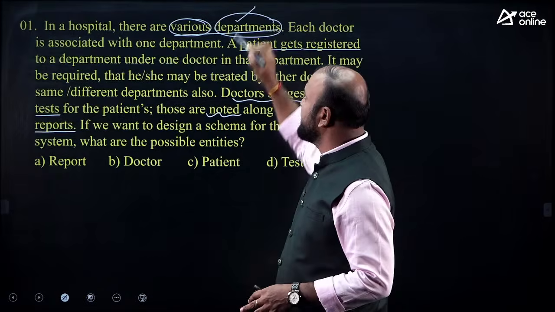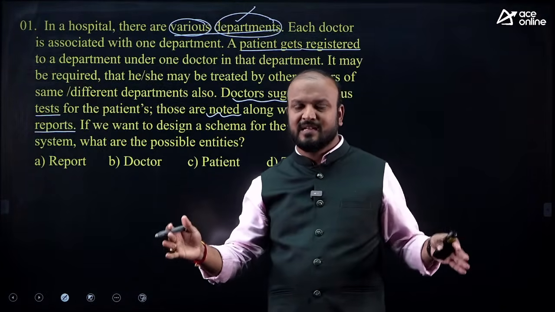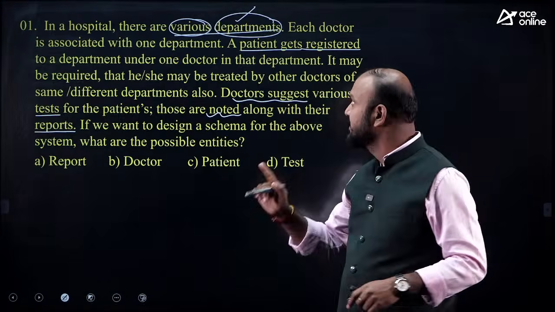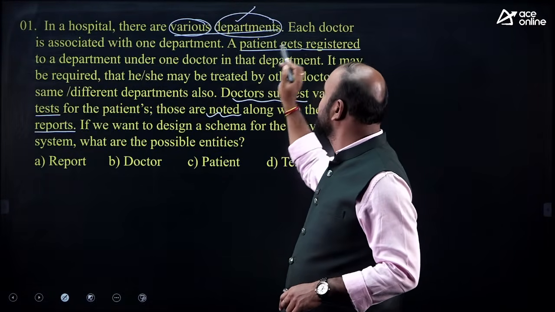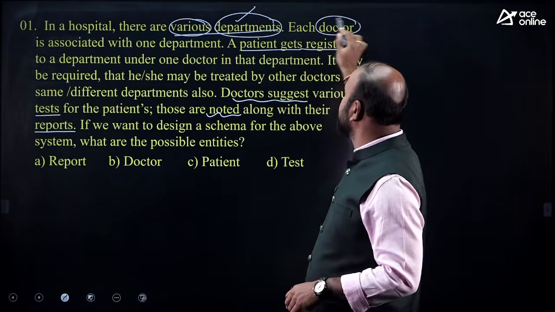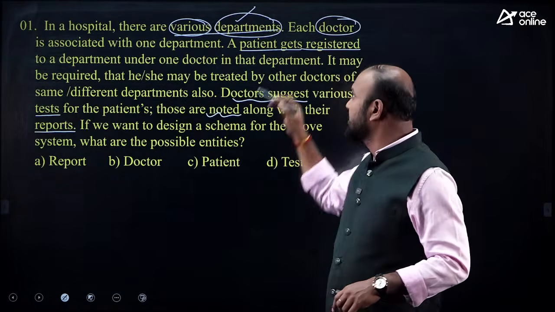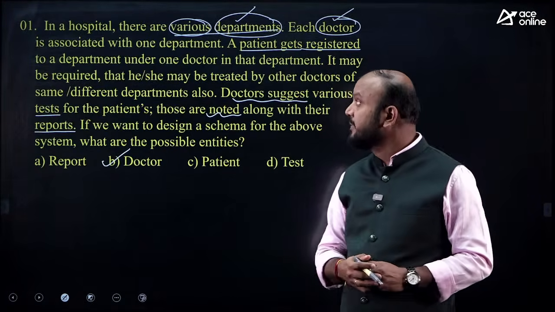So department could be one entity set because multiple departments are there, and their details are required. And each doctor is associated with one department. So the hospital should have doctors and we require doctor's details. Doctor is also one entity. Okay, B could be the answer, right?